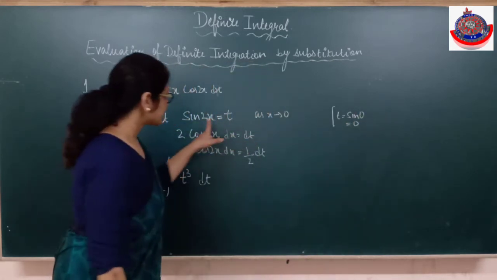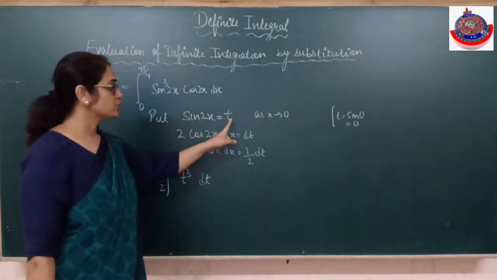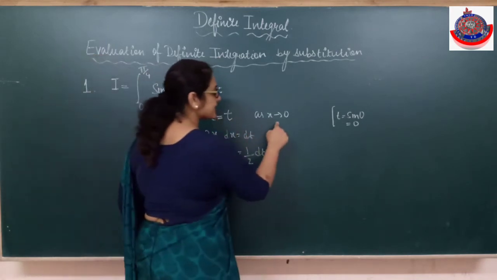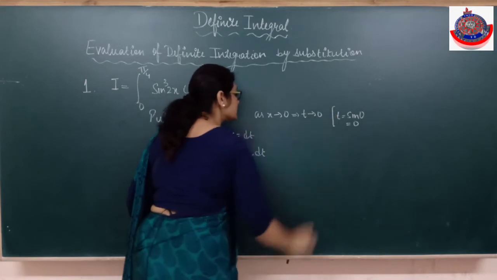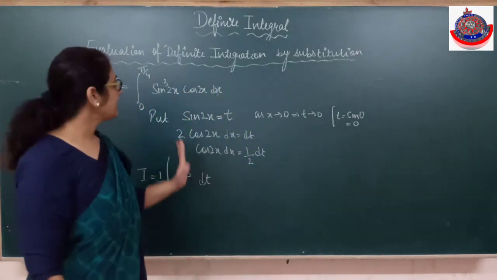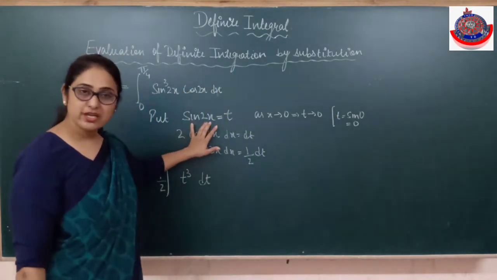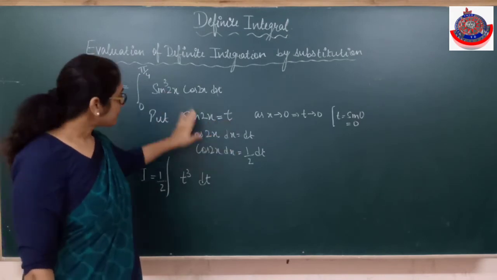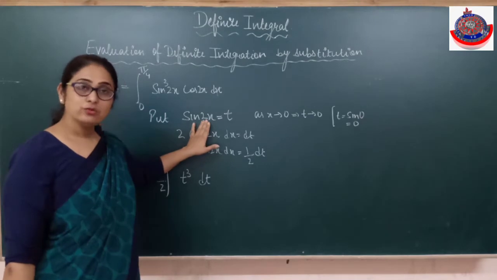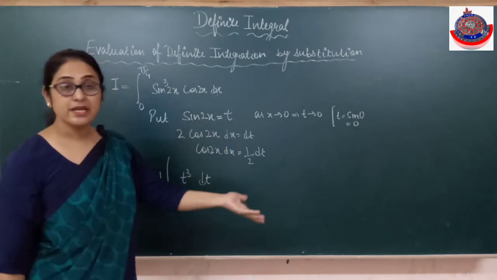So when I put x equal to 0, sin 0 is 0. So t also goes to 0. As x approaches 0, t also approaches 0. Simple: put the limit of x here, and the value of t that comes becomes the lower limit. Similarly, put the upper limit value of x, and the value of t that comes becomes the upper limit.